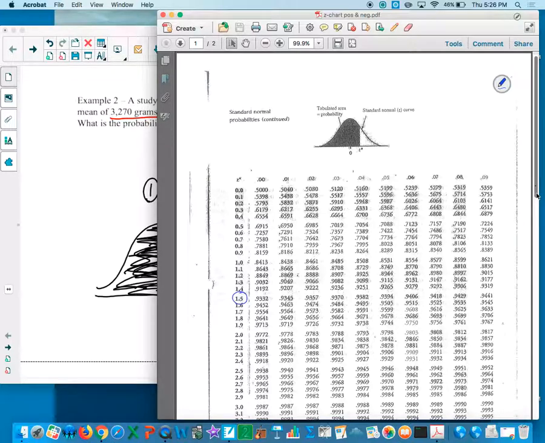And then we're also going to locate any extra decimal places. In this case, it's 1.50, so we'll locate the 0.00. And then you're looking for where those 2 columns intersect. That's going to be your probability. So actually, the column and the row are intersecting. So we are getting 0.9332 for our probability.